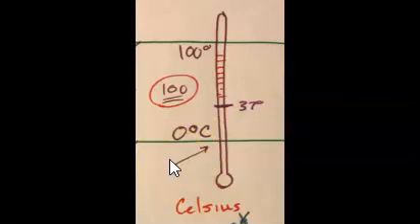But he called it 0. The spacing between water freezing and water boiling is still the same amount of space, but Celsius called this 100 degrees. And it was also known as the centigrade scale. Centi meaning 100, grade meaning these little graduations or marks, right?